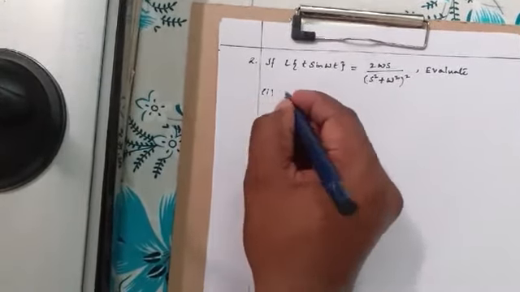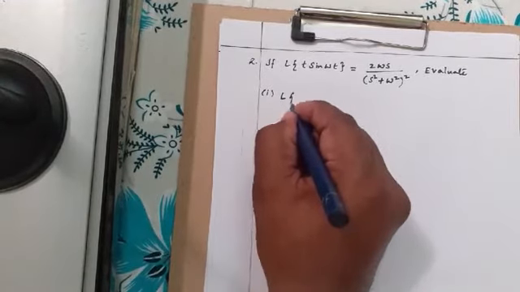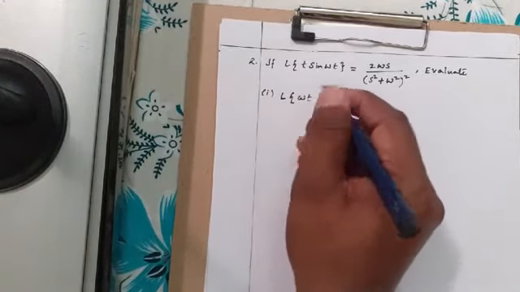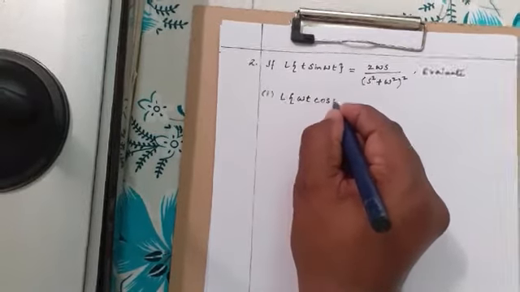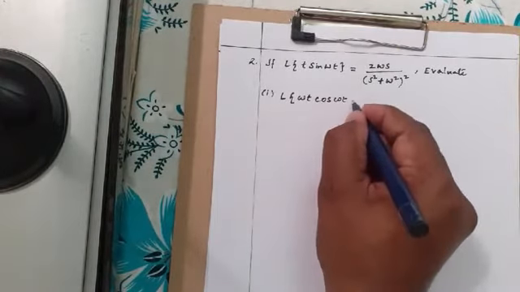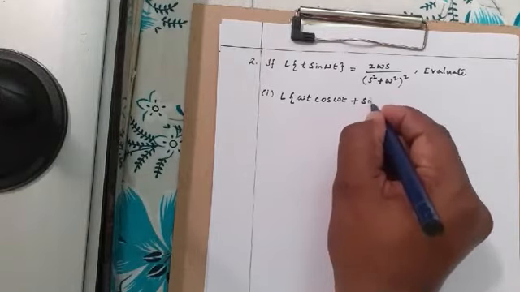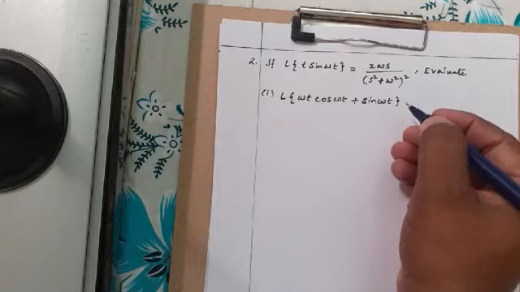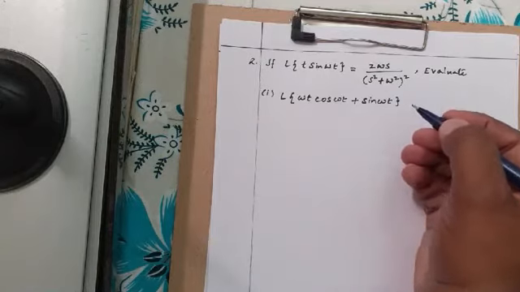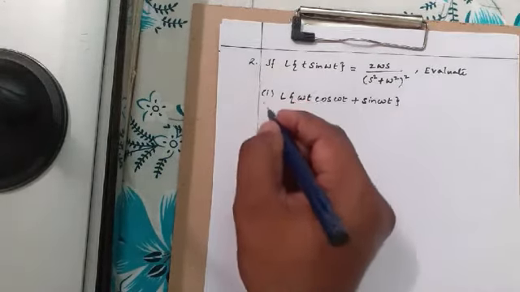Number 1: Laplace of omega t cos omega t plus sine omega t. So this is the first bit.